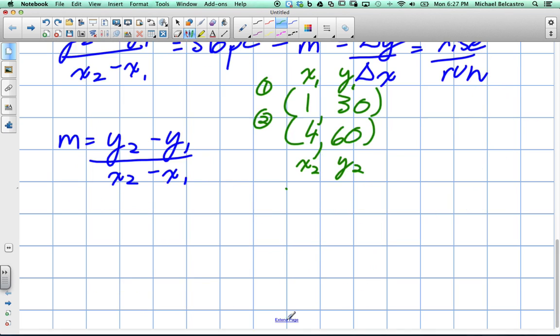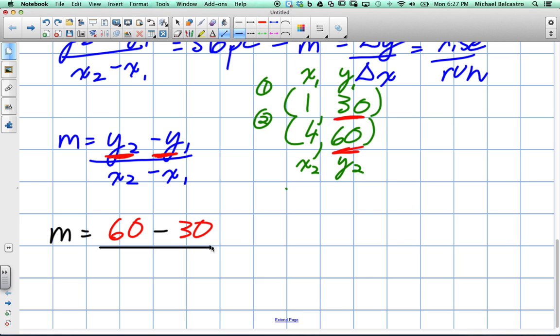So let's try to set this up. M equals y2, right? Well, y2 was the number 60. So 60, subtract y1. Well, y1 was 30. Divided by, let's do this a different color, purple maybe. x2 was 4.